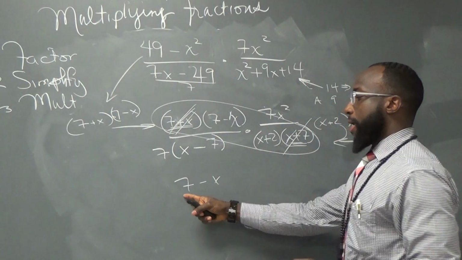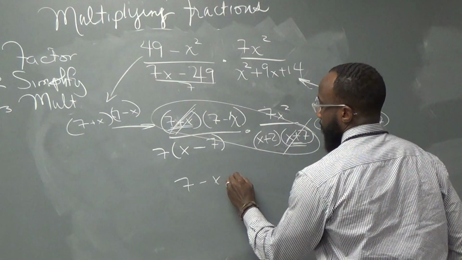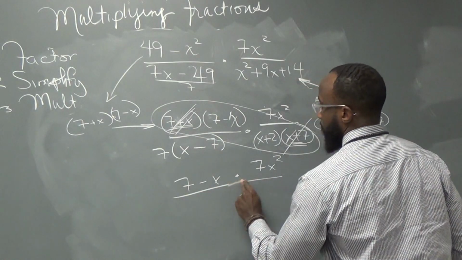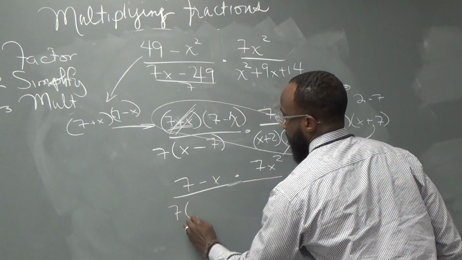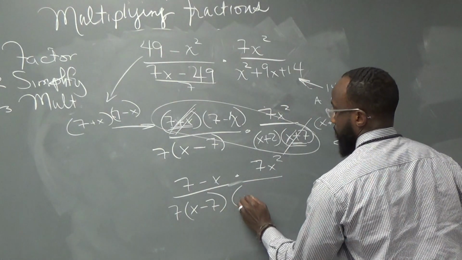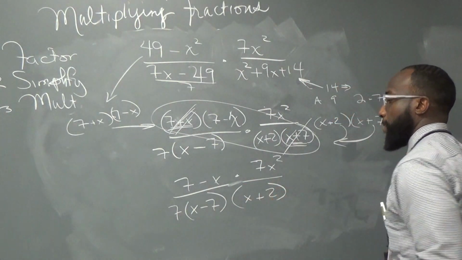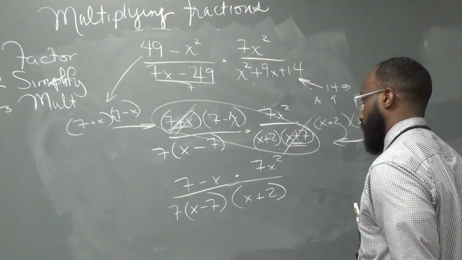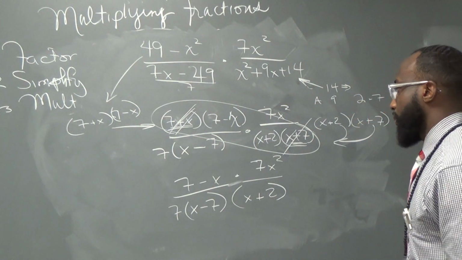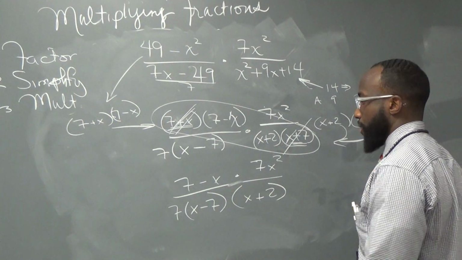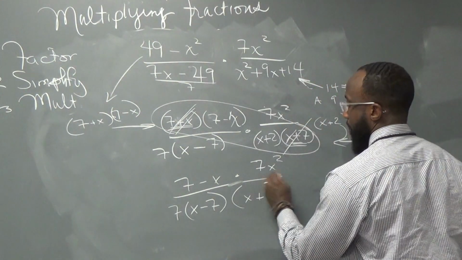So you're going to throw that 7 minus x there times that 7x squared. And then you got this 7 times x minus 7 times x plus 2. Okay, that's what you got. From here, you multiply across, and then we'll have our solution.